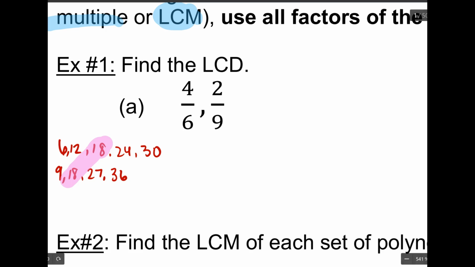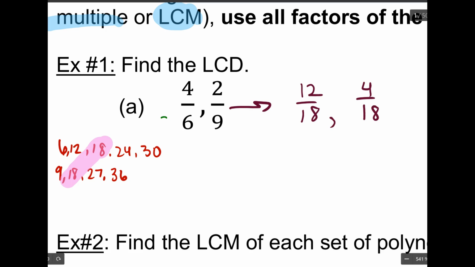So in order to rewrite this, Jack, how would I rewrite these two fractions? 12 over 18 and 4 over 18. Okay, so how'd you find those? Can you describe that? Because in order to get 6 to 18, you multiply by 3. That means you also have to multiply the top by 3.